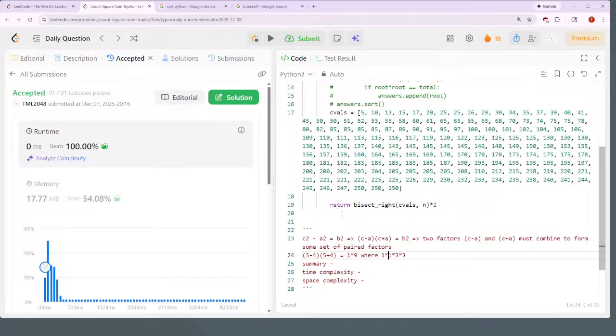So therefore this thing is itself a square of 1 times 3. Or if you do 5 minus 3 times 5 plus 3, that gives you 2 times 8, and 8 is 2 times 2 times 2. So you're doing the square of 4.